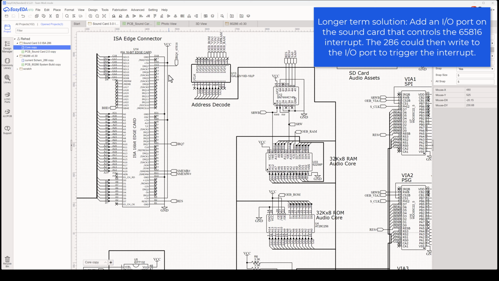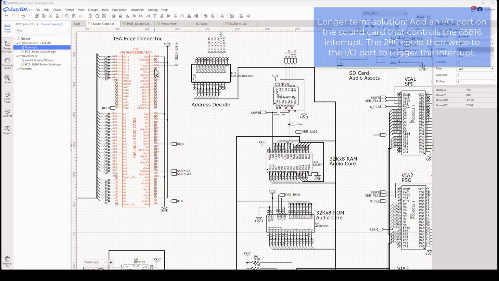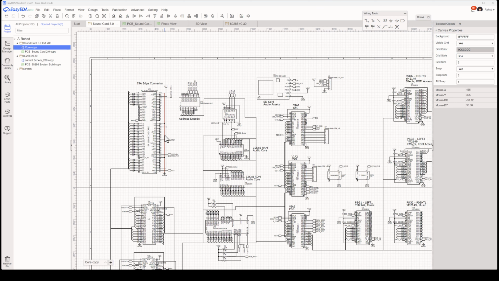But I can be flexible because on my motherboard, the 286 system board, I have a pin header, and I can just simply move that signal to a different pin very easily. And on my sound card, this will be easy enough. If I want to move this off of that pin to something else, I can do that without too much headache. So that's my ISA slot.